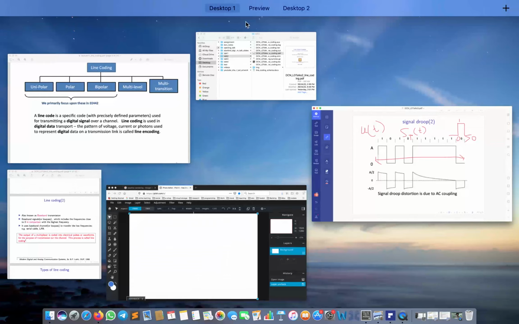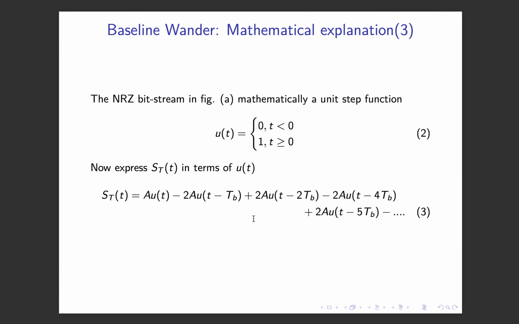Let's go back to the slide. So now you can see we can write the S(t) in terms of U(t). In between there are a lot of steps we have to do. You have to take the Laplace transformation and calculate the autocorrelation function to calculate the PSD and a lot of things. We skip those parts and just take the expression for it.